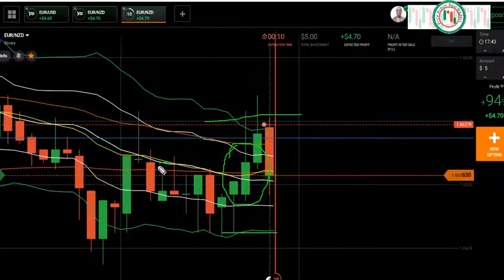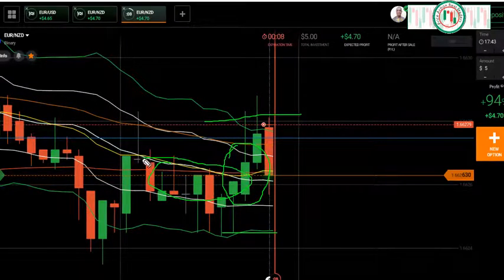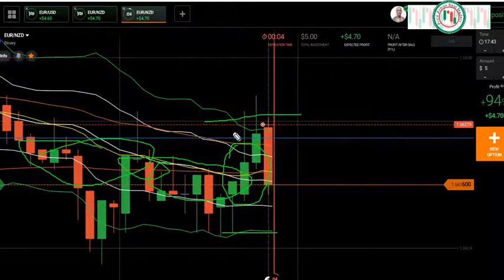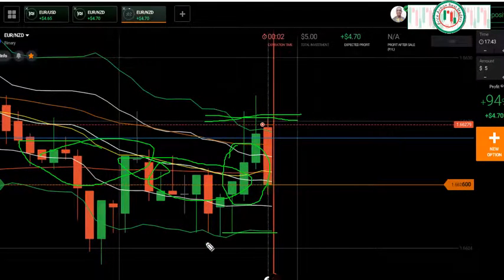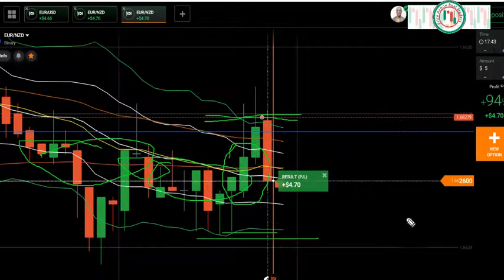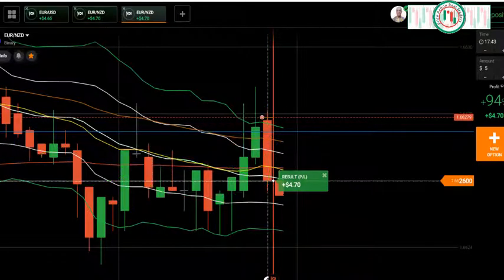You see this area is a consolidation area. Anytime the market consolidates, just trade here and here. Don't trade at any other level. That's why I place my trade. You see strong sellers entry.